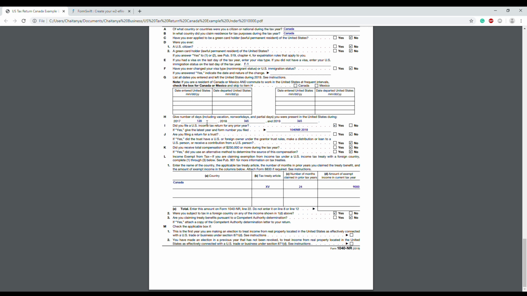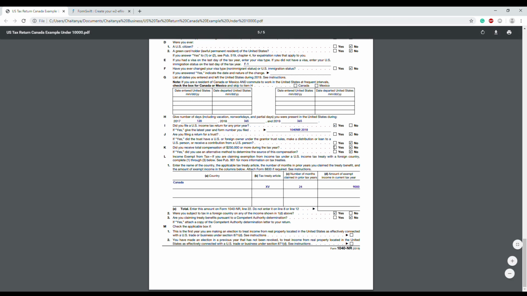Even though he was only in the US in 2017 for 4 months, the US still considers that as one whole calendar year. So we have to say he used this tax treaty for all of 2017 and 2018, which is a total of 24 months. And then finally, it asks you amount of exempt income in current tax year, which is $9,000, which we filled out already at the top.